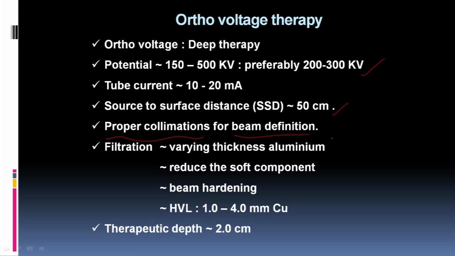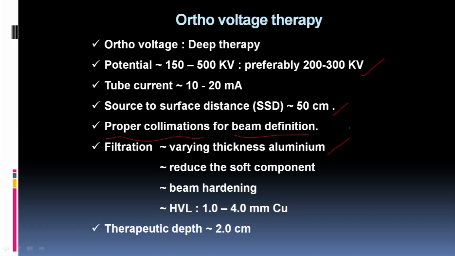So because of this collimator we can define various types and sizes of field, and again here we use filtration. Here we use varying thickness as per our requirement for special types of cases, the depth of penetration we want, and we use varying thickness of aluminium.